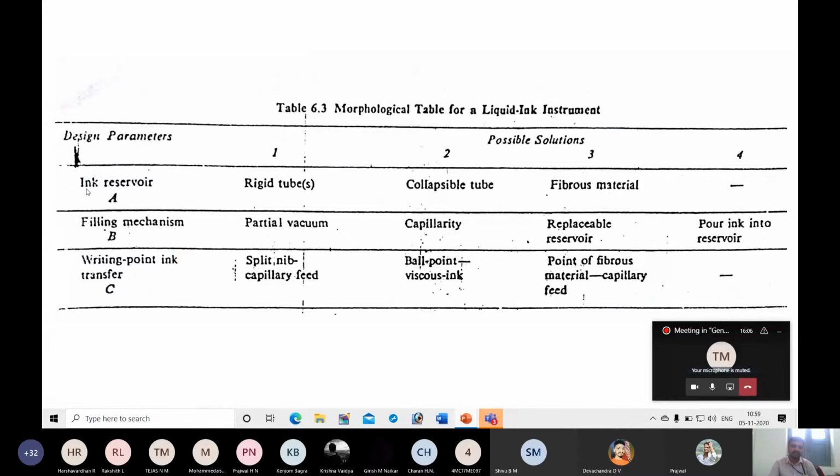That means if you choose a particular ink reservoir, that will have an effect or decide which type of filling mechanism you have to choose. If you choose a particular filling mechanism, that will restrict the options for nib. So by looking at these three, are these three parameters dependent or independent?